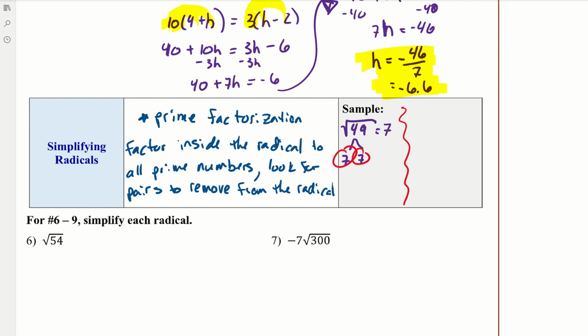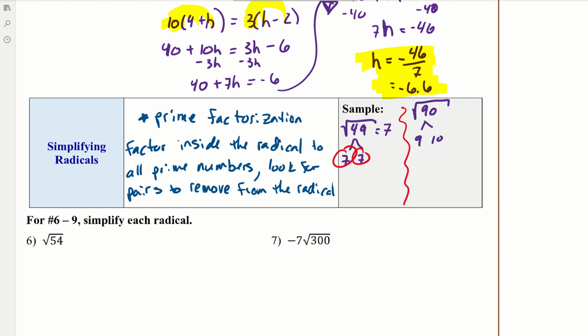But what if I had maybe, let me try, I'm bad at making up examples. Let me try a square root of 90. So you're going to factor 90 into your prime factors. There's a lot of ways you can do that. You could do 45 and 2.